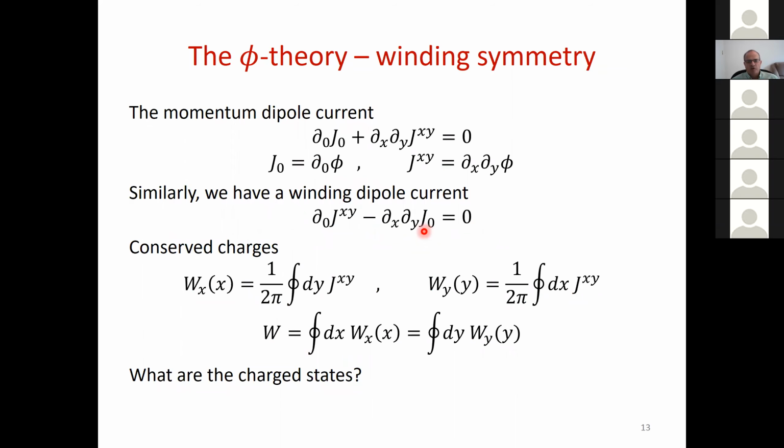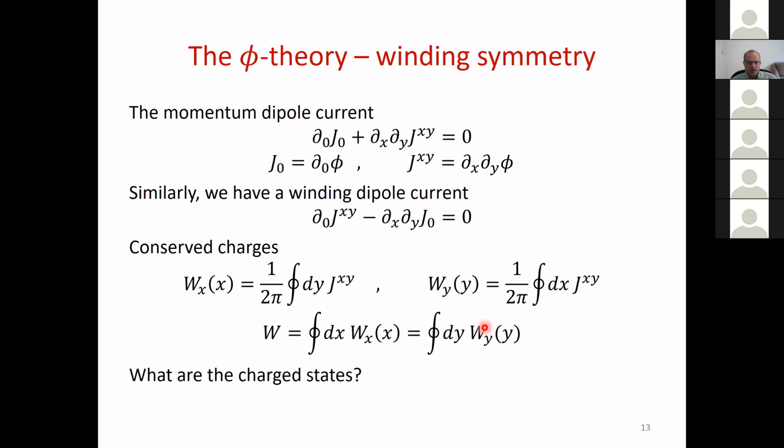And the conservation equation looks the same, except that jx, jy, and j0 are constructed differently out of the microscopic fields, but other than that, it's the same equation. And therefore, we have the same global symmetries. An integral over y at fixed x, or an integral over x at fixed y, and the 0 modes are tied together. We'll refer to that as winding symmetries.